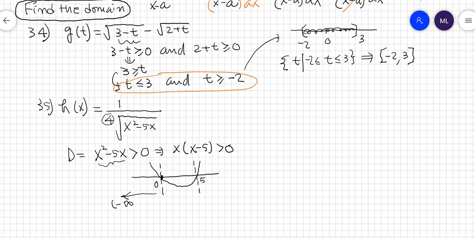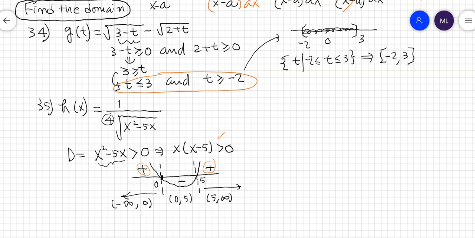Negative infinity to 0 is positive. And then 0 to 5 is negative. And then 5 to infinity is positive. We're looking for positive from here.